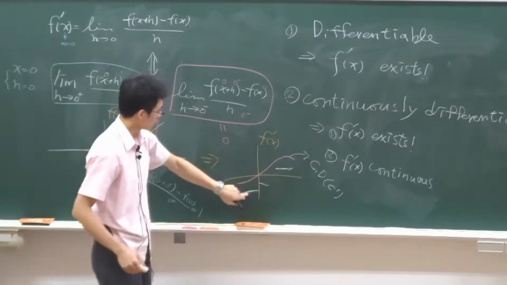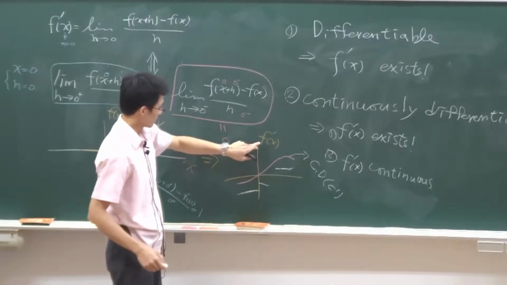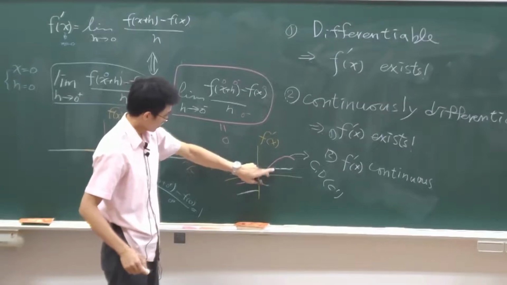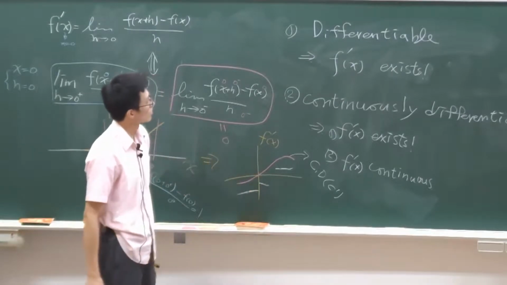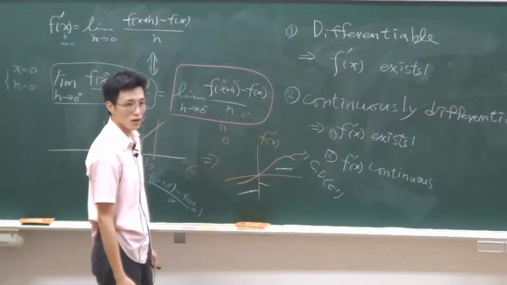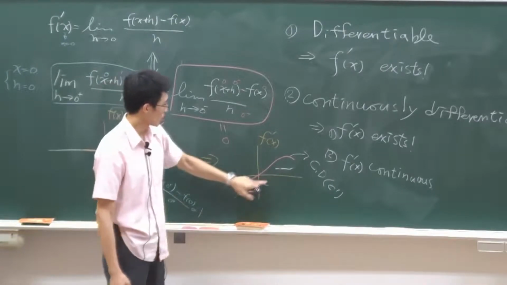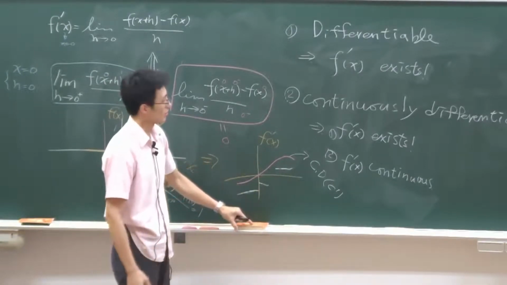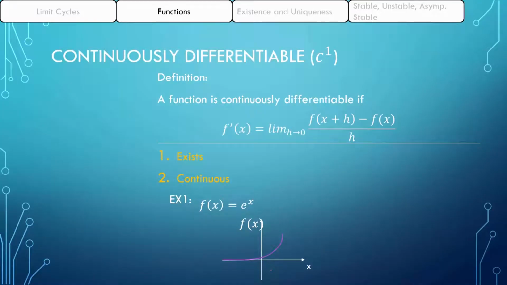Some function whose derivative is only differentiable, but not continually differentiable. Okay, but this function might not even exist. Just for example.